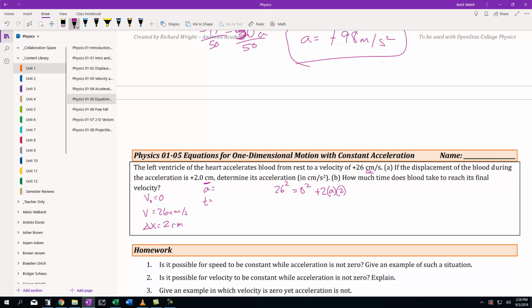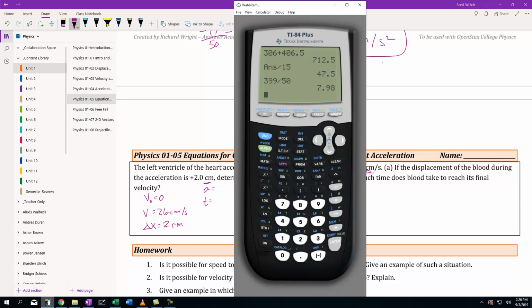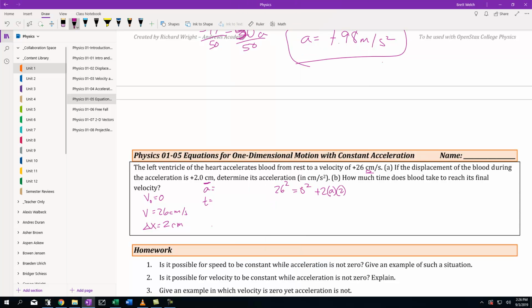So this is 26 squared divided by 4 to solve that. I should get an acceleration of 169. That seems big, but it is what it is. 169 centimeters per second squared.